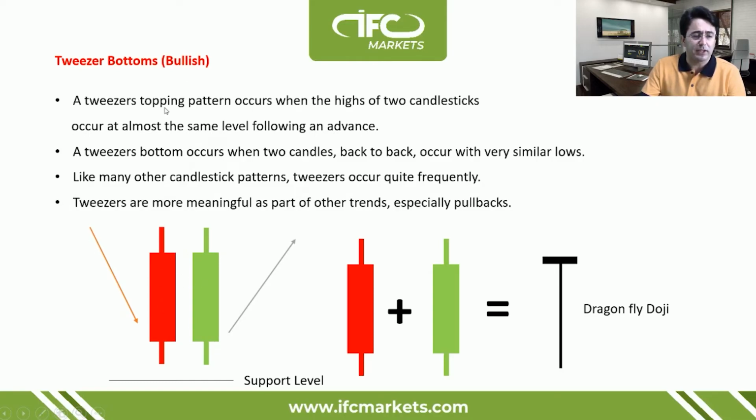But what is important in the tweezer bottom? What is important is that their lower price should be at the same level. They can be part of your current trends or strategies, and they can usually tell you that the price and the trend are going to have a pullback.